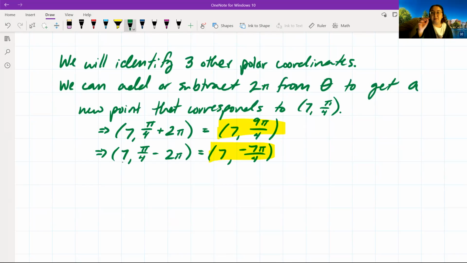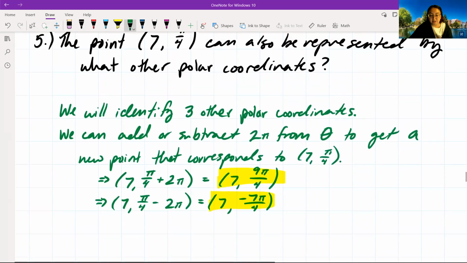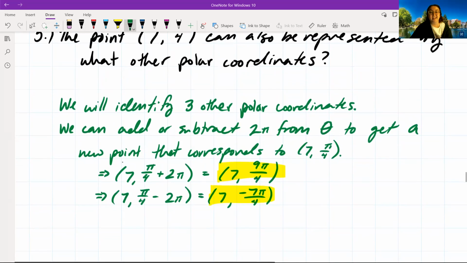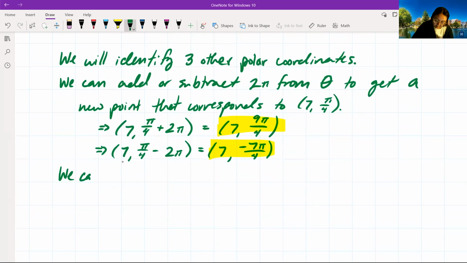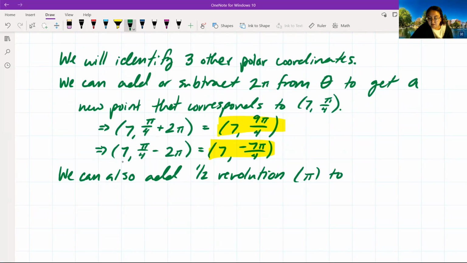There is one other way that we can fairly easily find another representation of this polar coordinate that doesn't involve just adding integer multiples of 2 pi. We can also add 1/2 revolution, which remember is just pi, to theta, which is pi over 4, and replace 7 with -7.